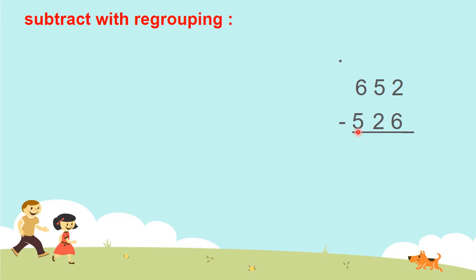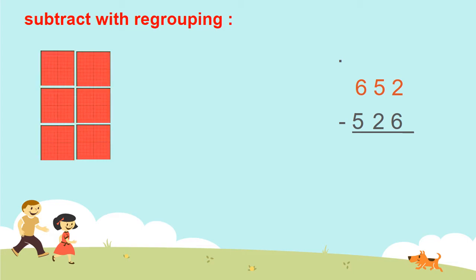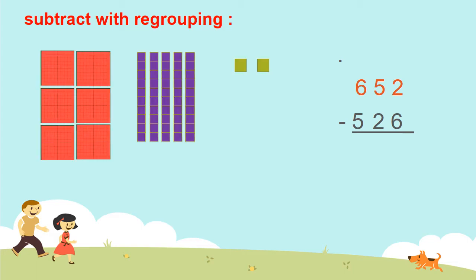I'm going to subtract 526. We are going to do the same. We're going to represent the first number. 652. 600 and 5 tens and 2 ones.